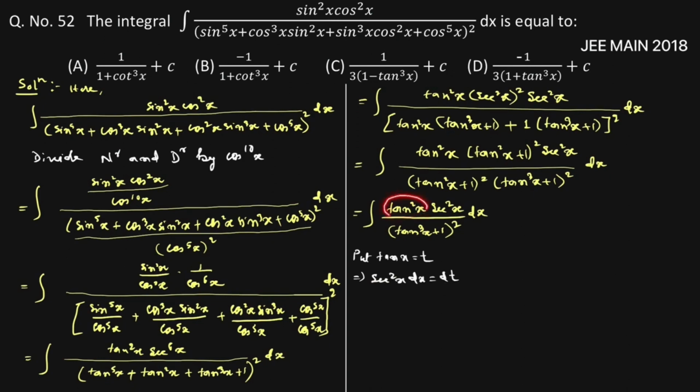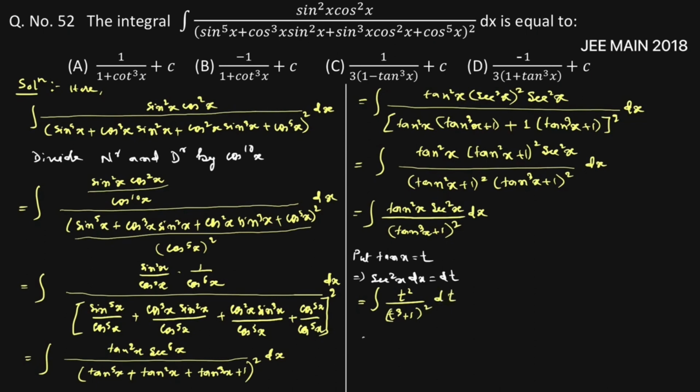So in the place of tan square x we write t square, in the place of tan cube x we write t cube, and in the place of sec square x dx we write dt. So the above integration we convert in this way: t square divided by t cube plus 1 whole square dt.